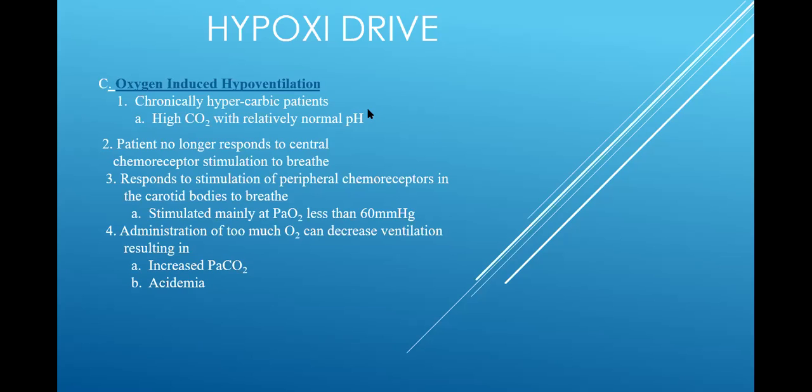So the patient no longer responds to the central chemoreceptor stimulation to breathe because their CO2 is always high. So how does the central chemoreceptor respond? What is that all about?